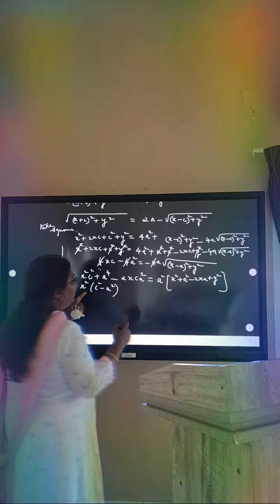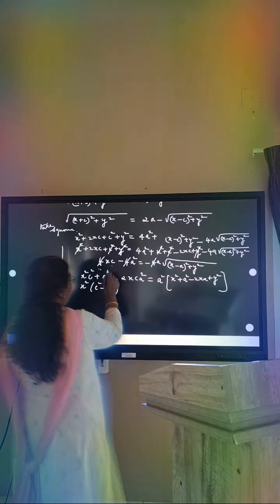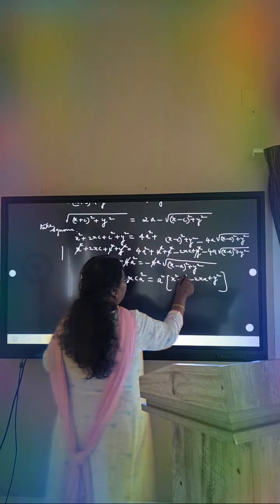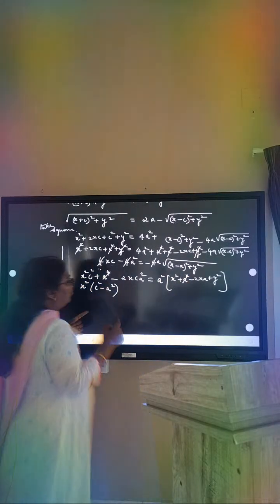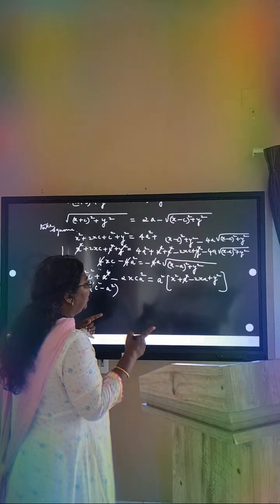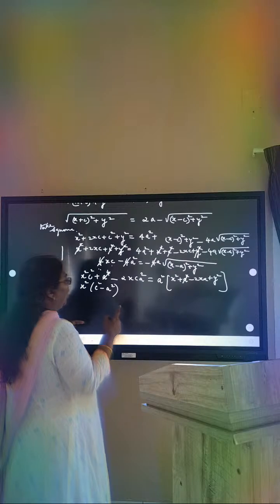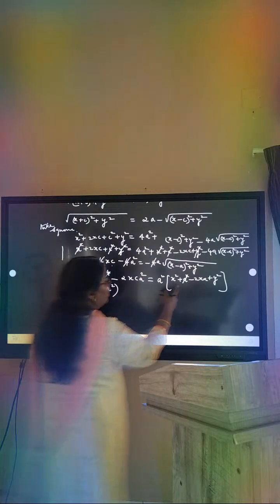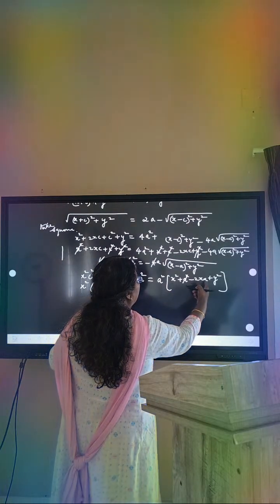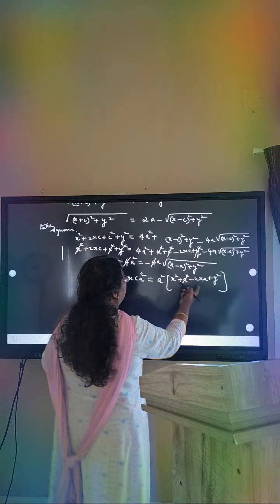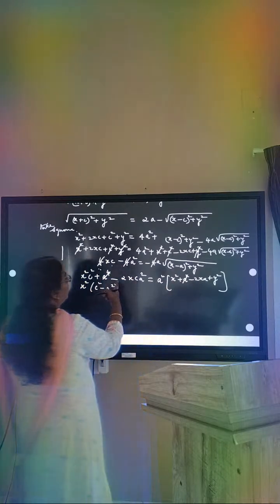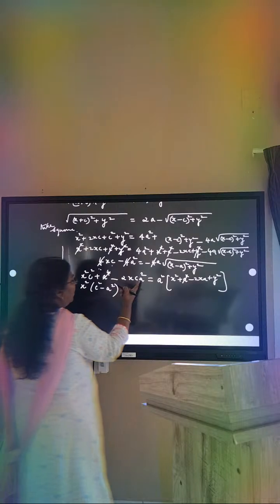The a power 4 and a power 4 can be cancelled. Next you have minus 2xc a square and minus 2x a cube.